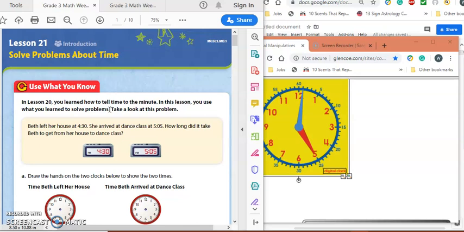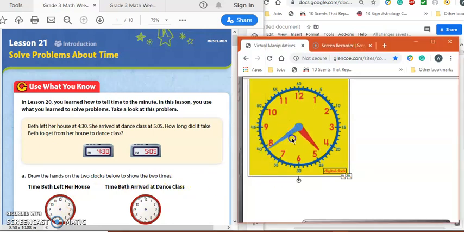Okay, let's look at the problem. It says Beth left her house at 4:30 and she arrived at dance class at 5:05. How long did it take Beth to get from her house to dance class? Then it tells us to draw the hands on the two clocks below to show the two times. But we're going to take our clock and work our clock. So she left her house at 4:30, and then she got to class at 5:05.